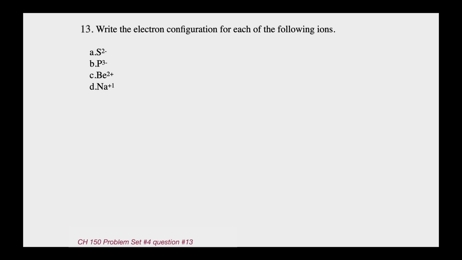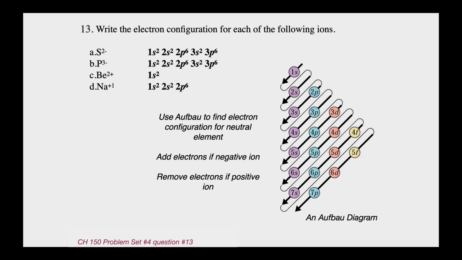And remembering that p's can go up to 6, you can maybe see why sulfur likes to grab 2 extra electrons and become a 3p6. So sulfide is going to be 1s2, 2s2, 2p6, 3s2, and instead of having 3p4 in the neutral version, now you've got 3p6.